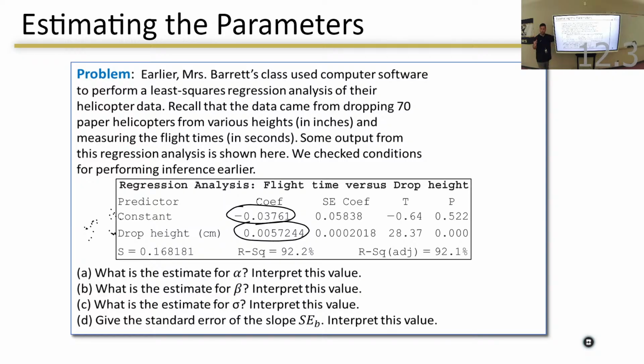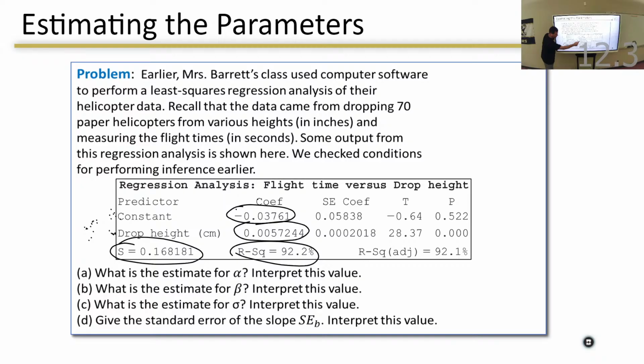That's chapters 2 and 3, unit 2. I keep getting those confused. You should have known that already. This down here is the standard deviation of the residuals. You should know that already. R squared, you should know that already.